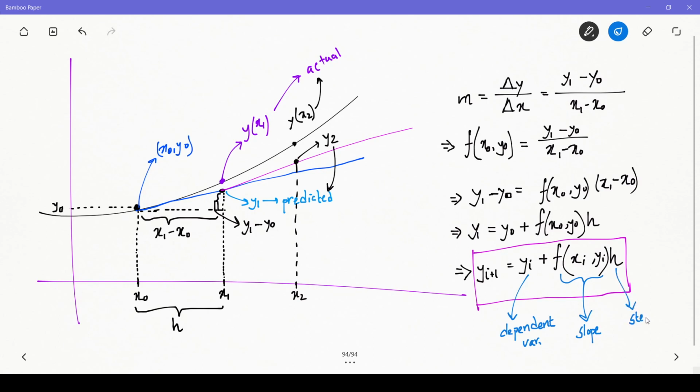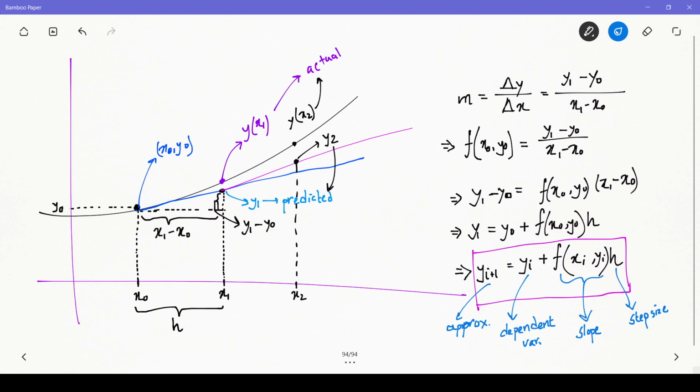So this is the step size that you use to progress step by step. If you know all these three things beforehand, you can come up with an approximation for the value of the dependent variable y at the succeeding step or the next step, right? Fine. So this is the approximation, y sub i plus 1. So y sub i plus 1 equals yi plus f of xi comma yi times h.